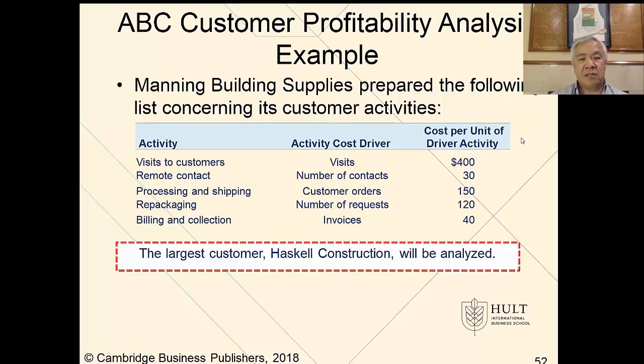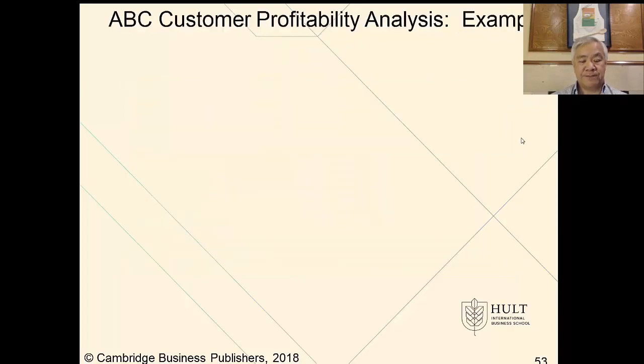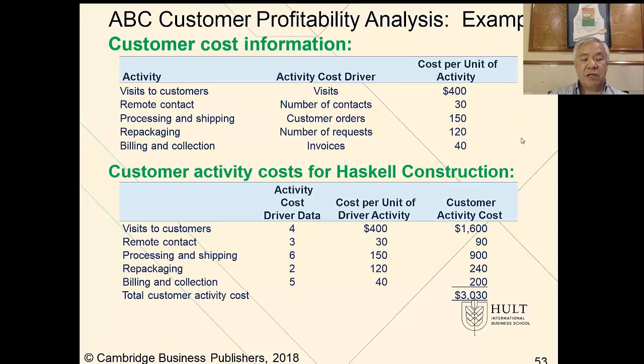The first one up is their largest customer, Haskell Construction, and we'll grab data for that particular account, use these ABC rates, and then determine the overall profitability of Haskell. On top we see the carry forward of the ABC rates. On the bottom we see the consumption of the services by Haskell. This column here is the activity for the 5 activities for Haskell, and then we're pricing it.